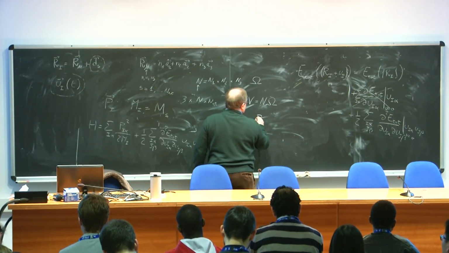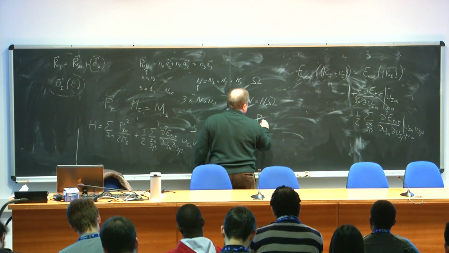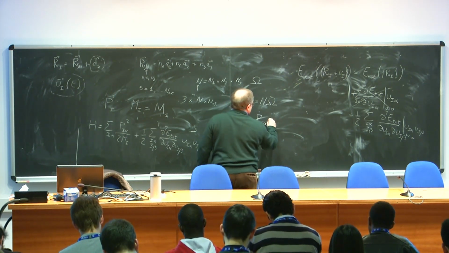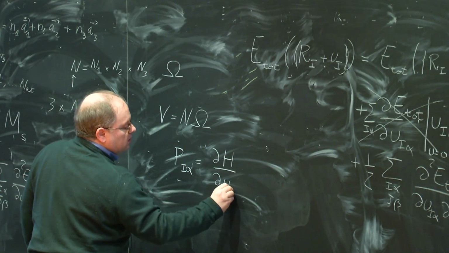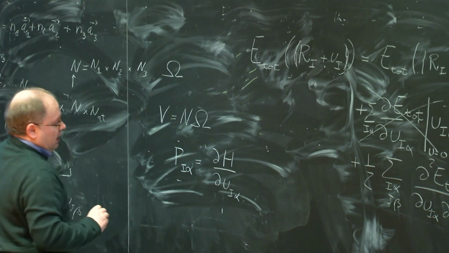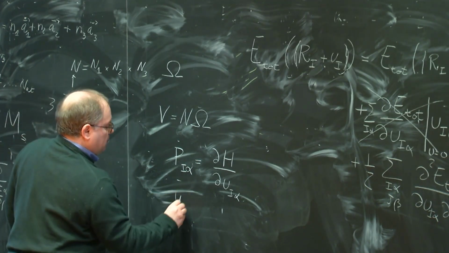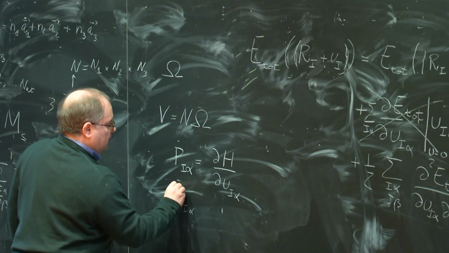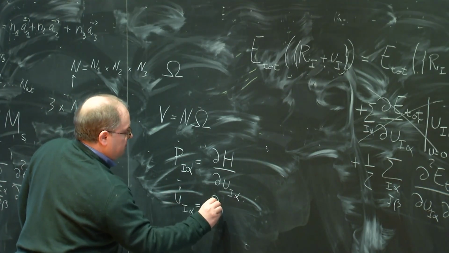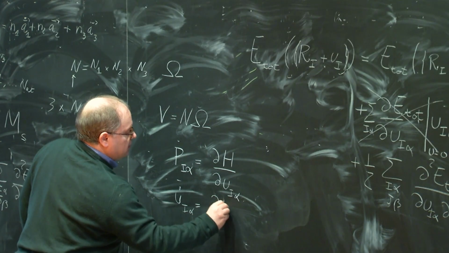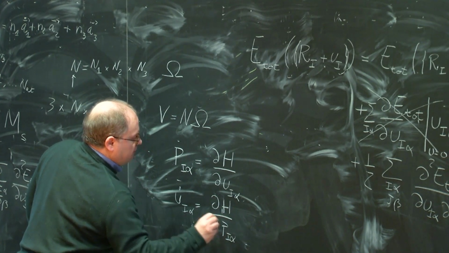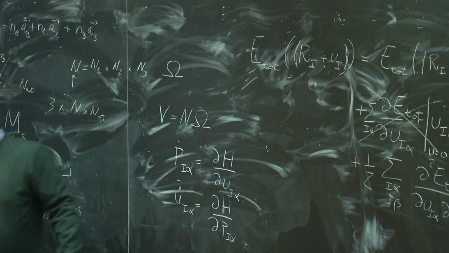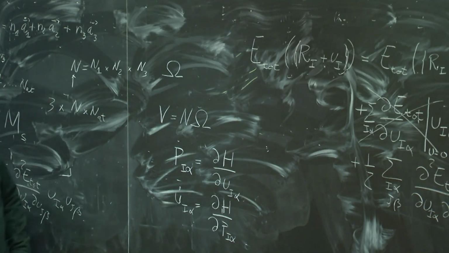So now we have to write the equation of motion, and we know the Hamilton equations. p I alpha is minus the derivative of H with respect to U I alpha, and U I alpha dot is the derivative of H with respect to p I alpha.